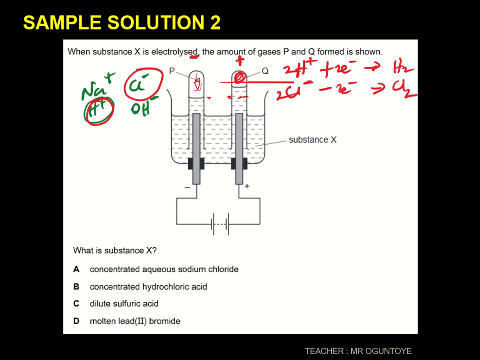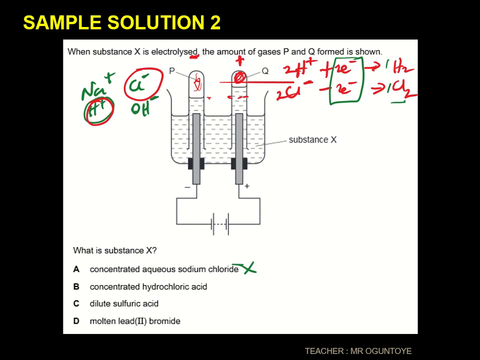The quantity of electricity required is a function of the number of electrons gained or lost. So they should have equal volume. One volume of this should be equal to one volume of this. So this certainly can't be the answer.